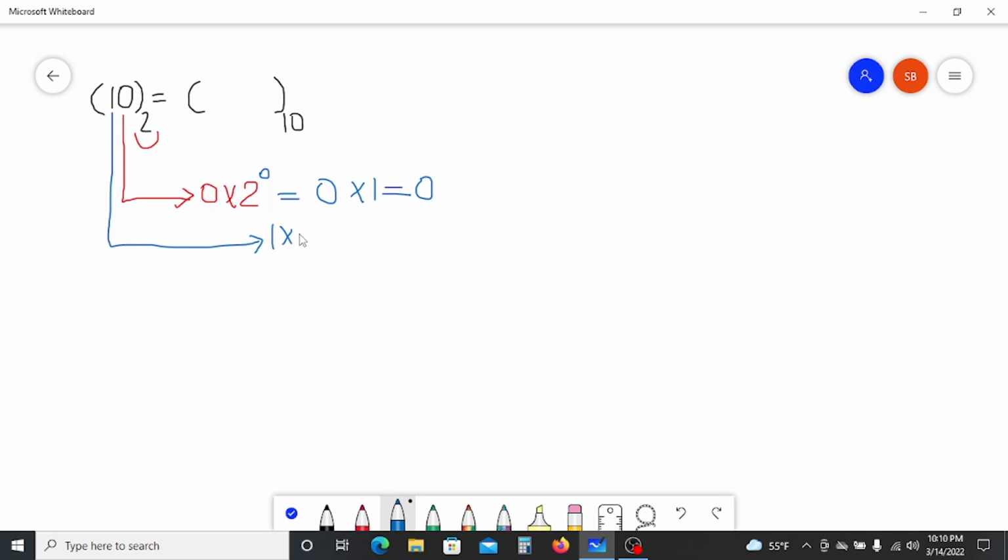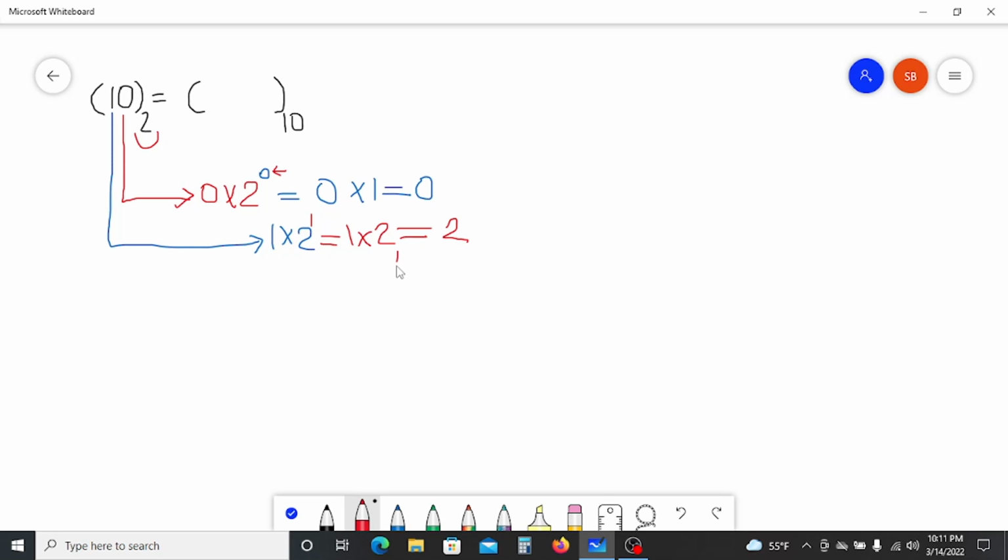You see the number 1. 1 times your base 2 to the power of what? The first one is 0, the second one should be incremented by 1. It should be 1. 1 times 2 to the 1 is 2.